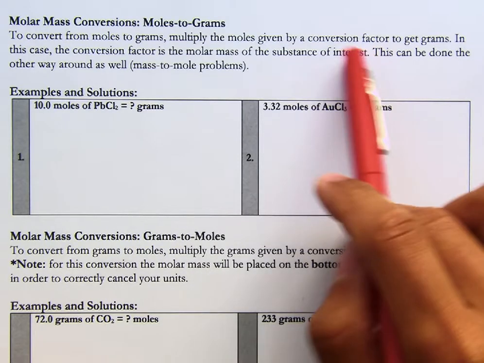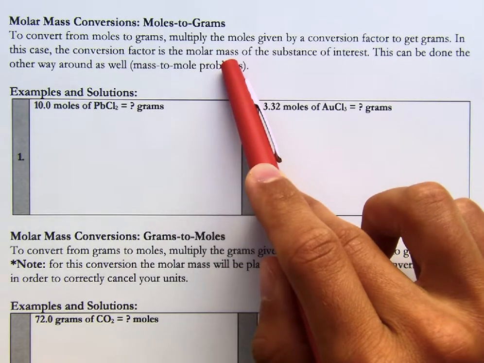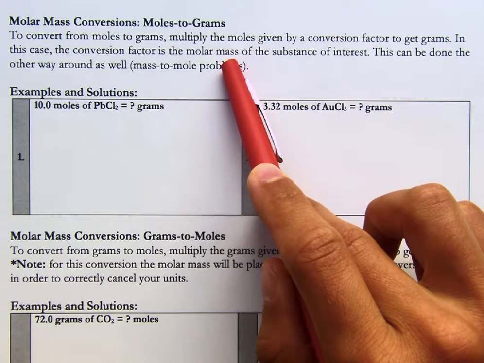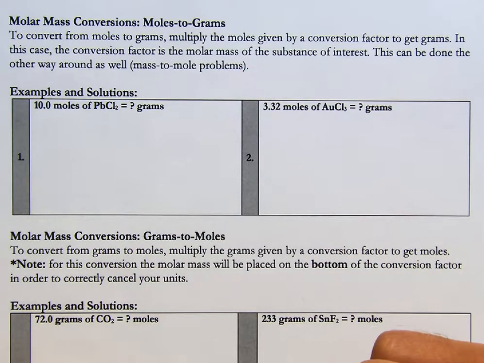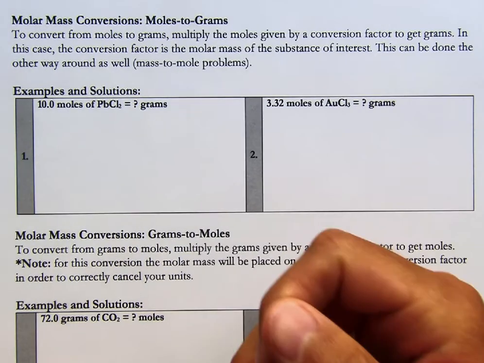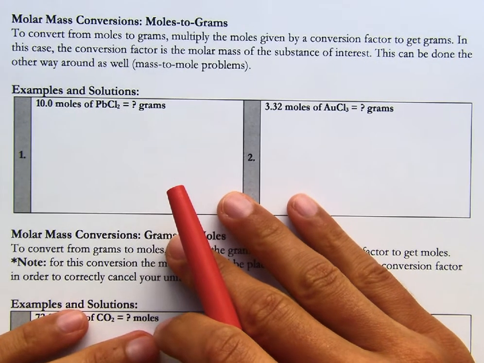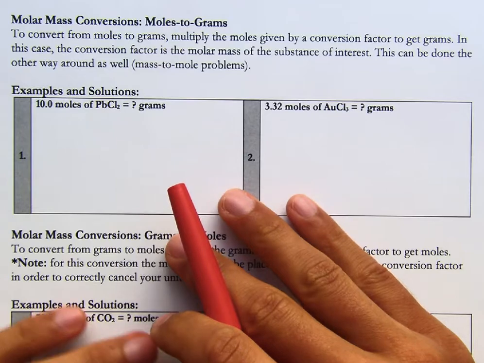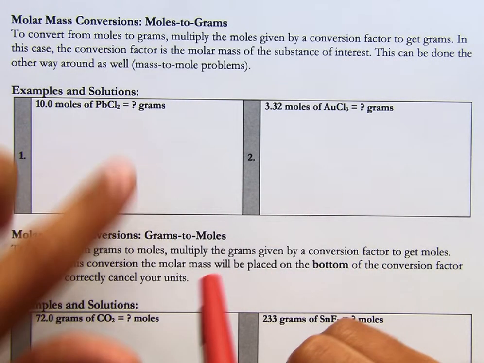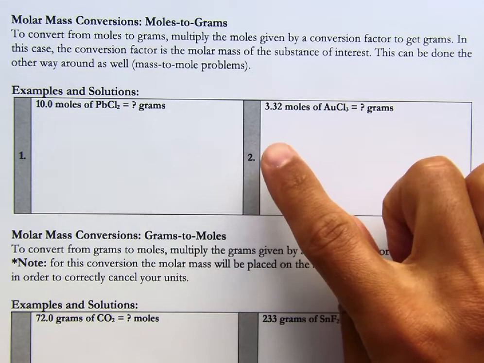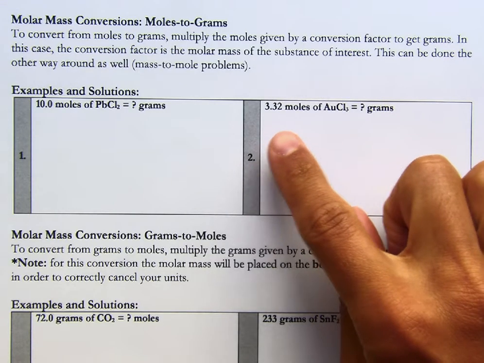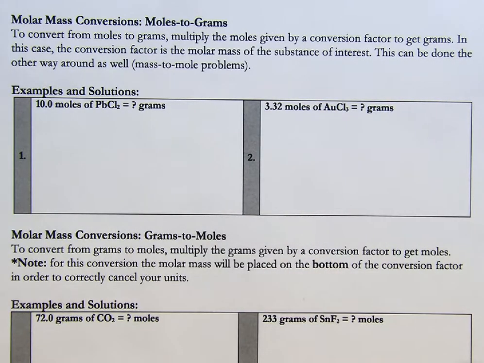In this case, the conversion factor is the molar mass of the substance. You can also do it the other way around. So if you want to pause the video and try these problems, you can. This says 10 moles of PbCl2 is how many grams, or 3.2 moles is how many grams. So we're going from moles to grams here.